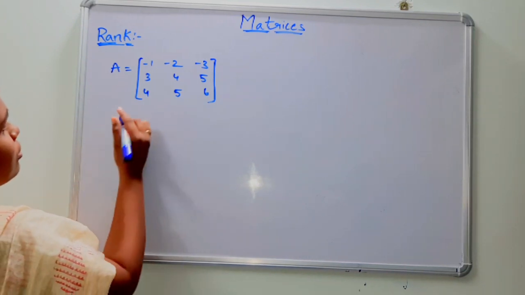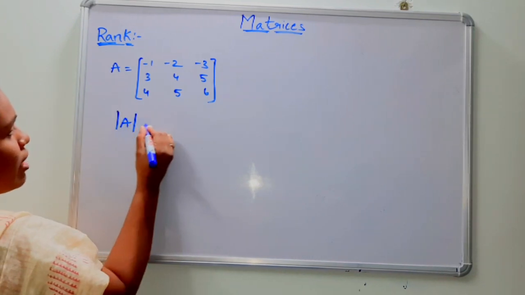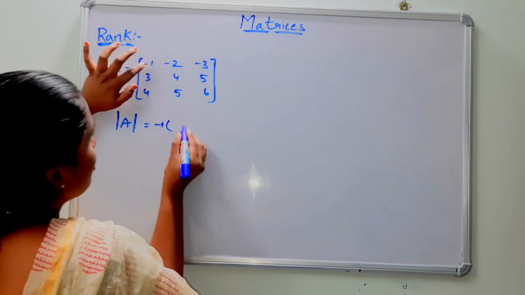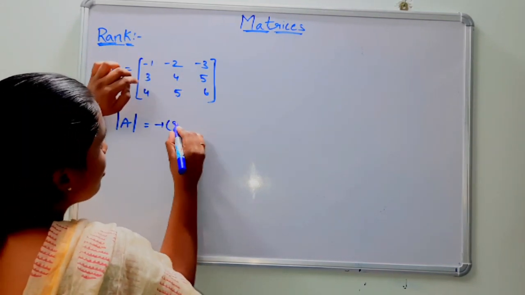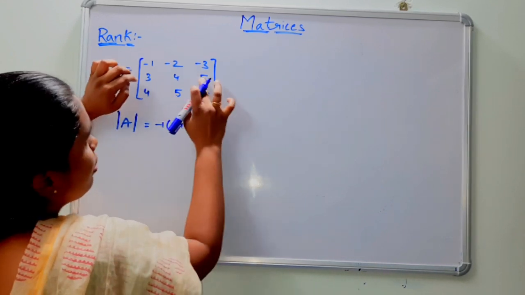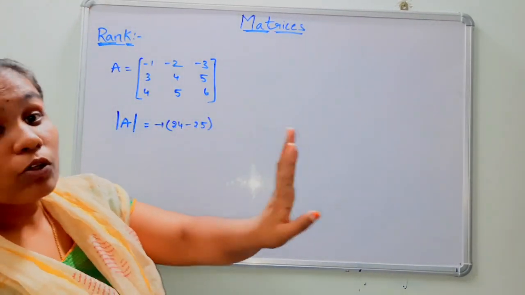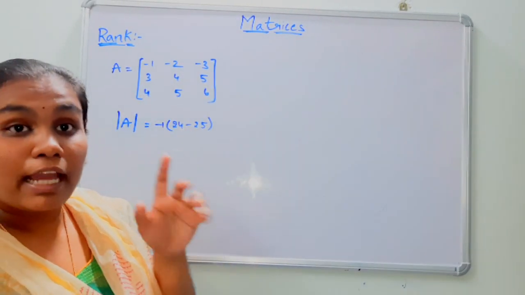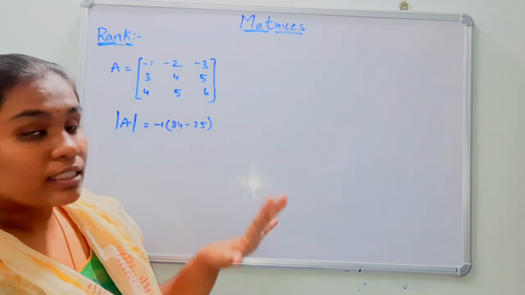So what is the determinant of A? Minus 1 into 4 6s are 24 minus 25. 5 5s are 25. We have to close the particular row and particular column, and multiply the remaining submatrix.